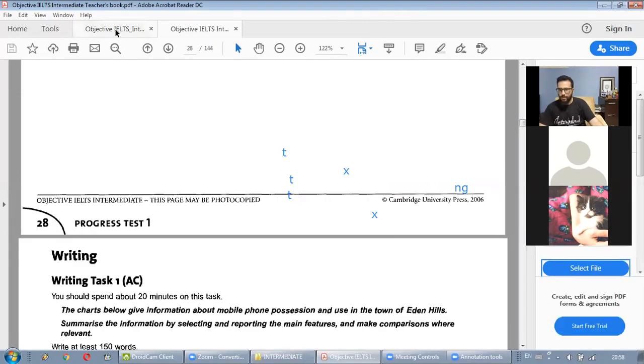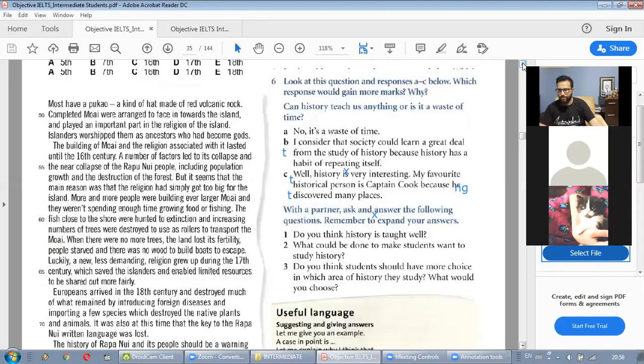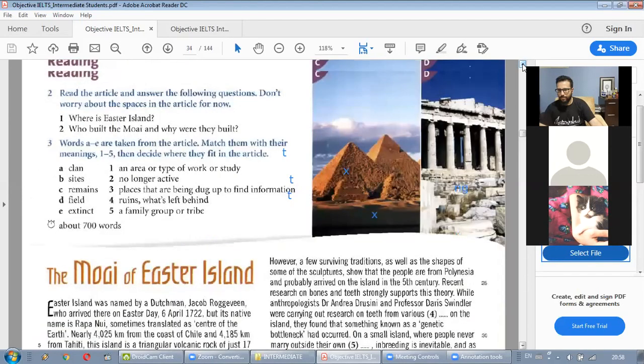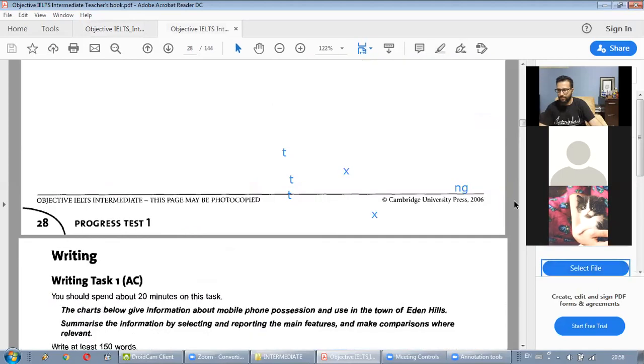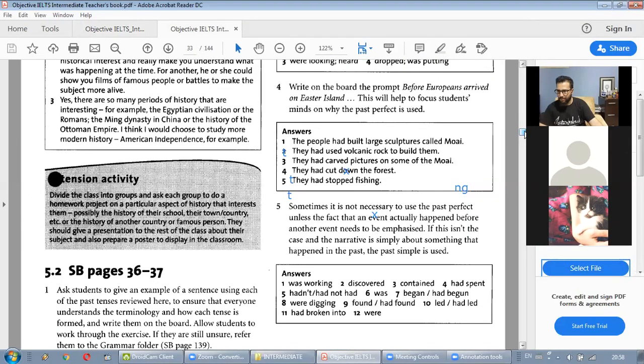Which unit? I think unit 3, this one. Five. Let's go to unit 5. Okay, here it is.